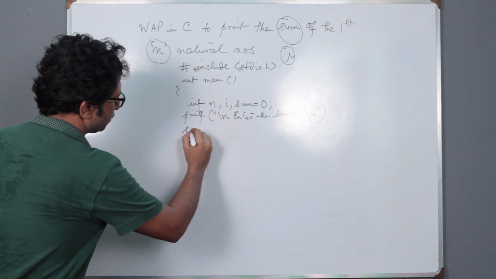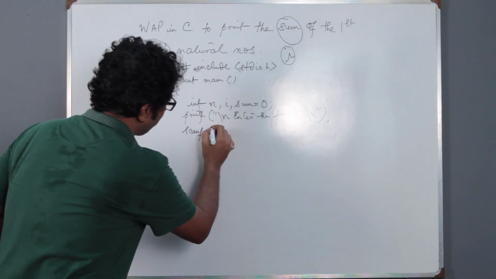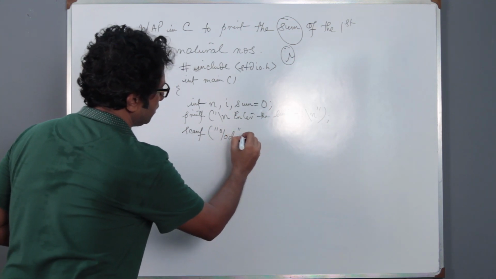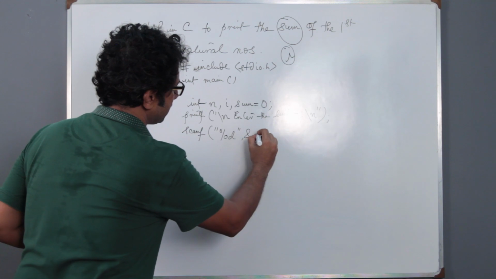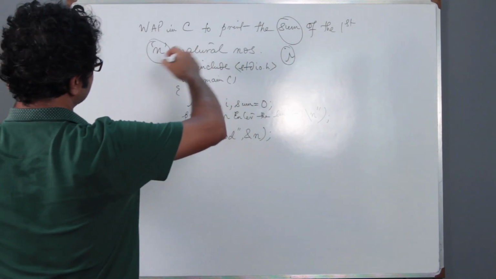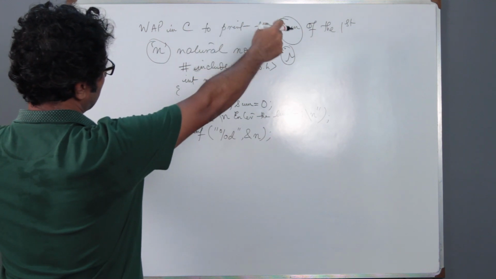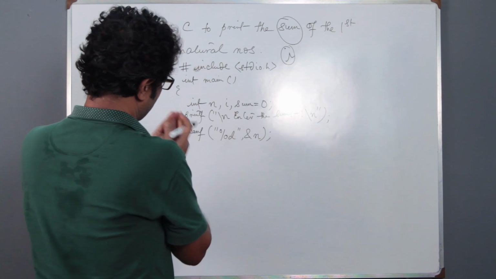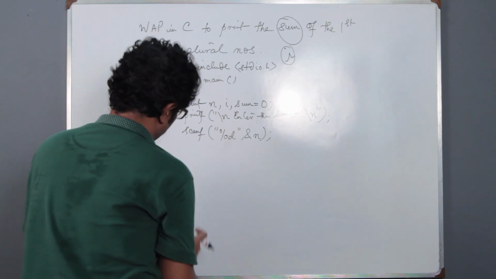Then the next statement is scanf("%d", &n). So this is the input of the limit, that is how many natural numbers are to be taken into account for the summation purpose.